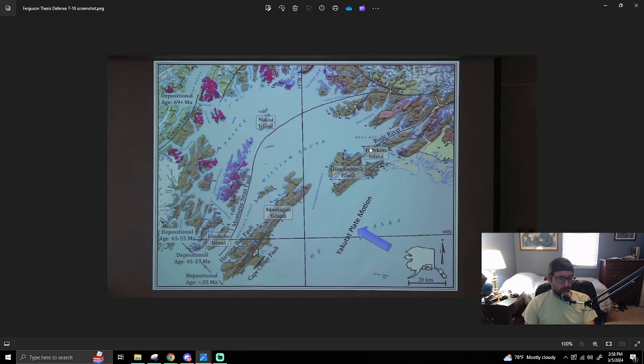Who was studying these islands, but relating them to the general areas of deposition: 69, deposition 65 to 55 in this area, 45 to 37 in this area, like the whole width, generally speaking, is like a band, and then 35 approximately in this area.